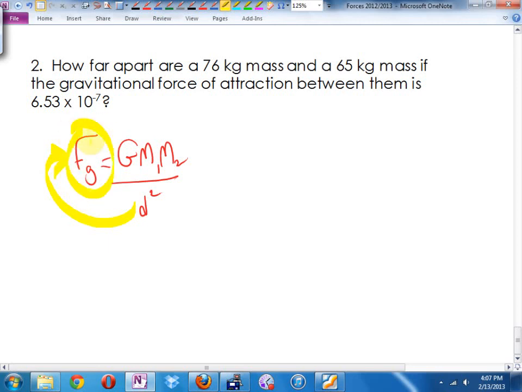Nick, I have a feeling it's the square root of something. Oh, Nick, you just made my day.